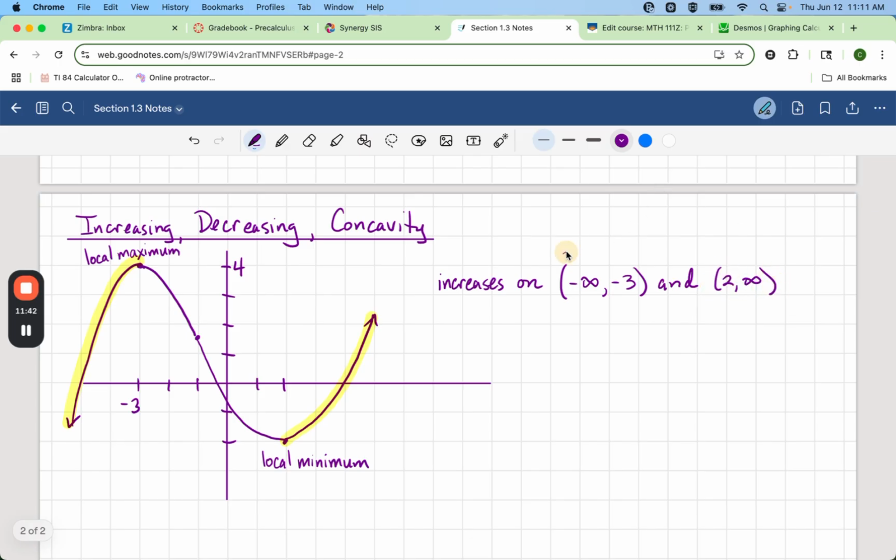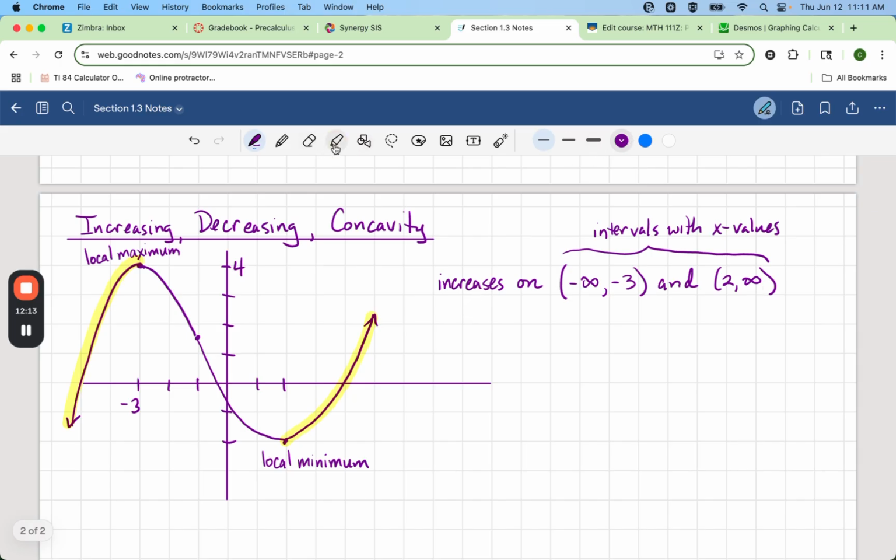All right, so these are intervals, and they're intervals with x values. So from when x equals -infinity to when x equals -3, the graph rises from left to right. From x equals 2 to x equals infinity, the graph rises from left to right, so it increases.